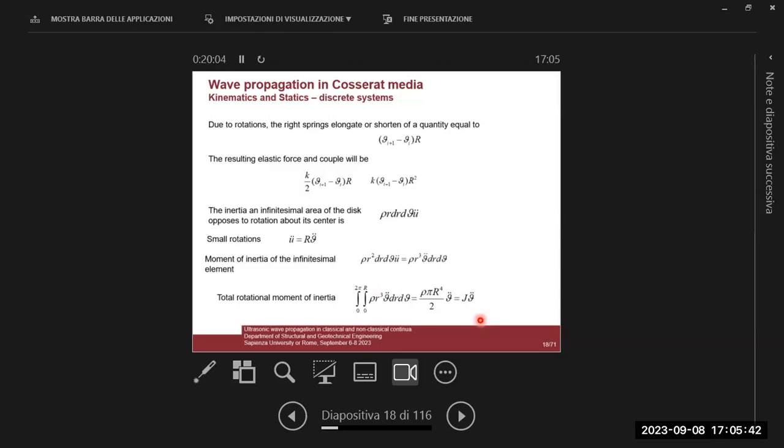But for a three-dimensional thing, that is not enough. For a three-dimensional one, yes, it should be a diagonal tensor. Let me think. Yes, it should be a diagonal tensor, because you have rotation about 3 axes, so it's 3 components.